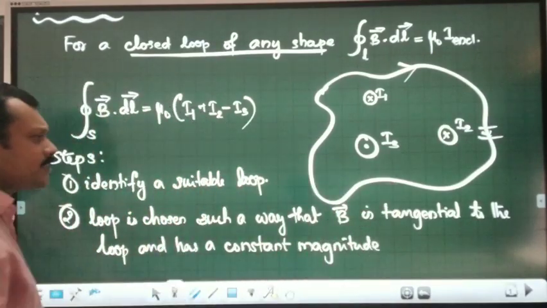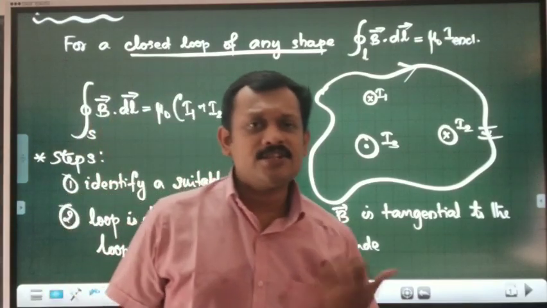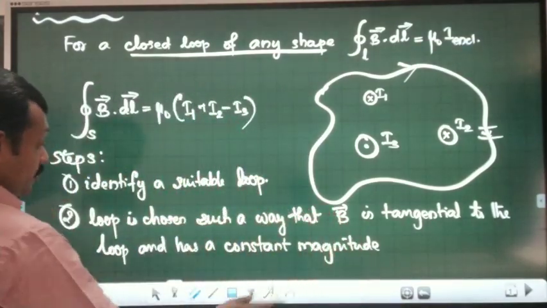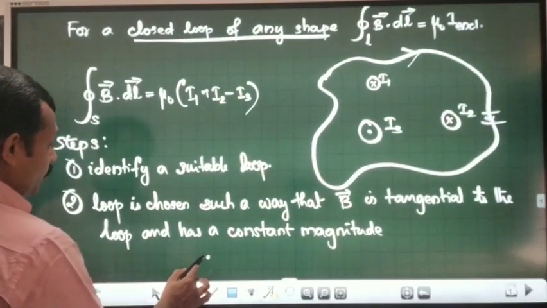The loop is chosen in such a way that the field is tangential to the loop and has a constant magnitude. That is the second point regarding Ampere's law.